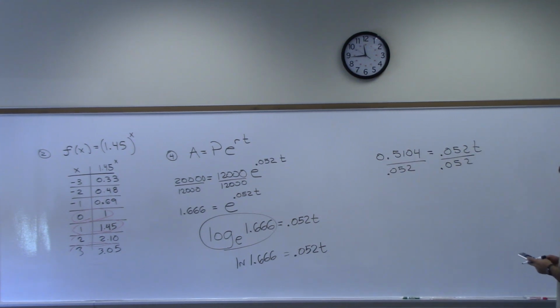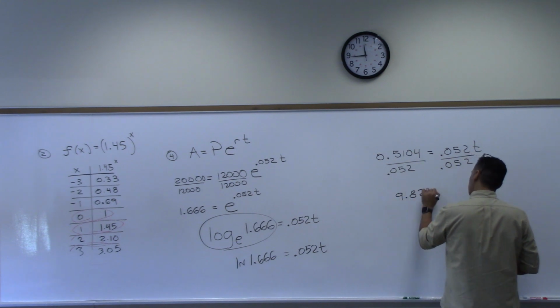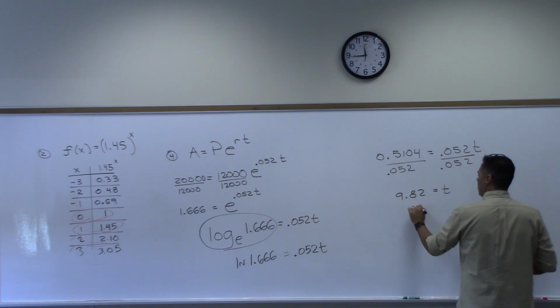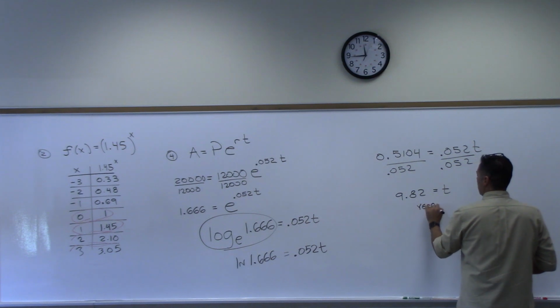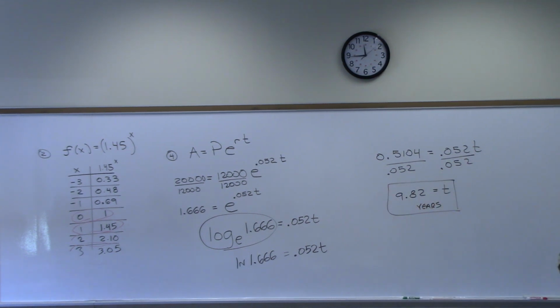So 0.5104 divided by 0.052, we get about 9.82. 9.82 is equal to t. And this will be years. It will take almost 10 years to turn $12,000 into $20,000 at an interest rate of 5.2%.